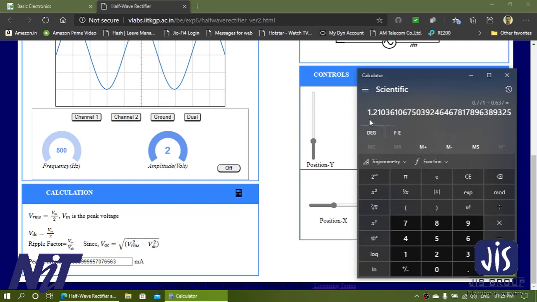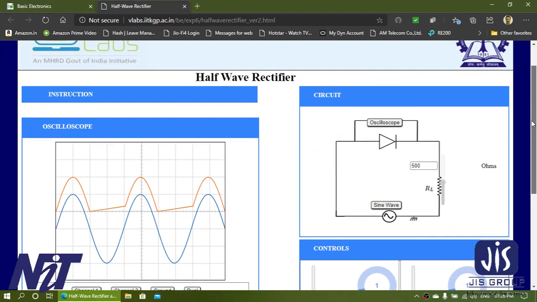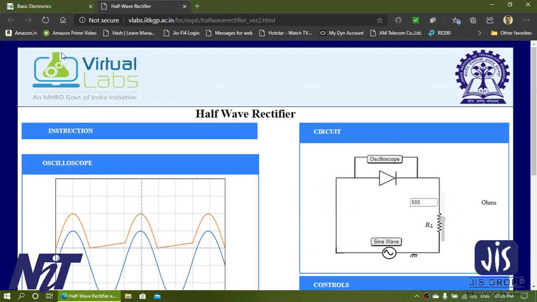See, it's very near to the theoretical value, 1.210. So more or less, your experiment is done very successfully. In this way we have done our first simulation experiment.